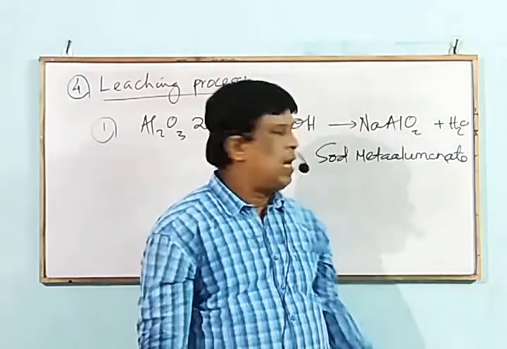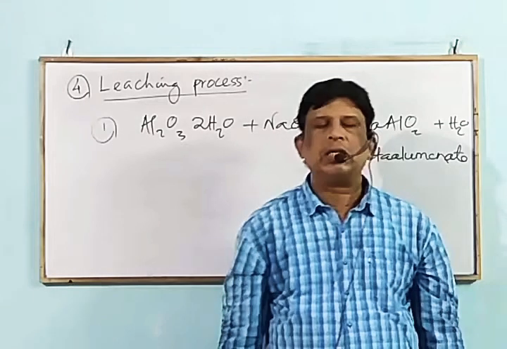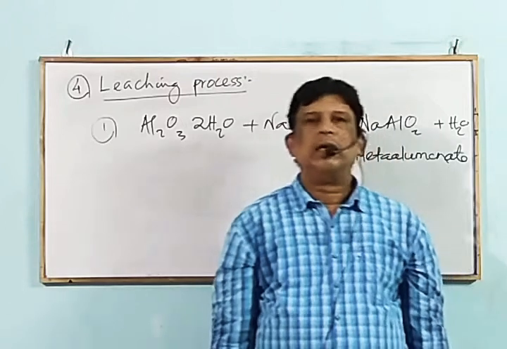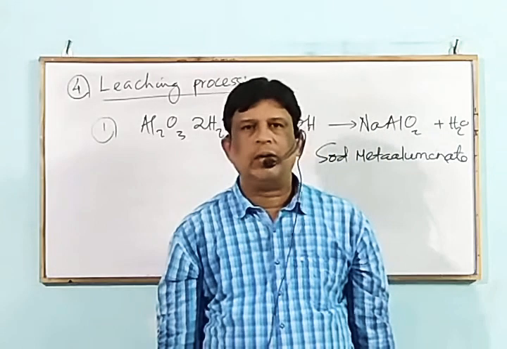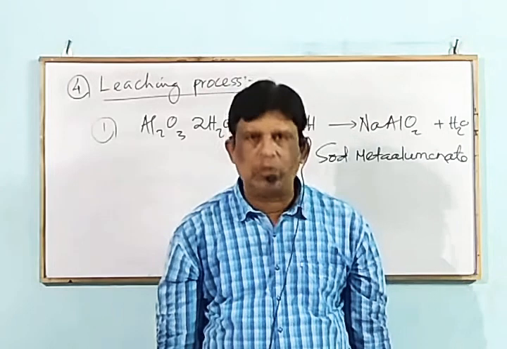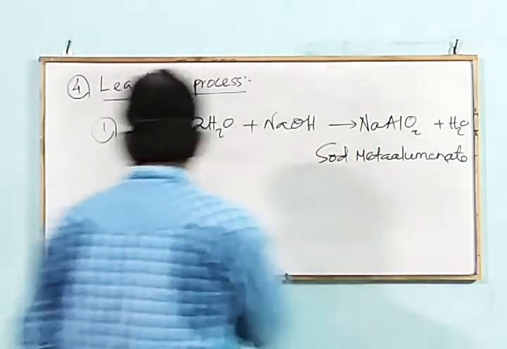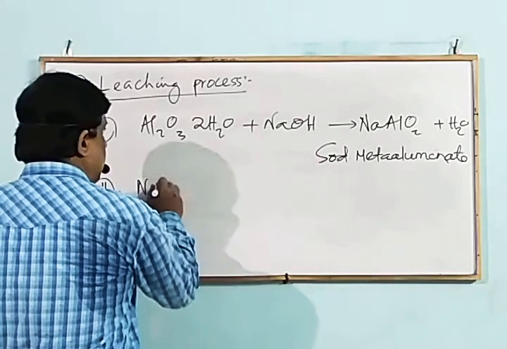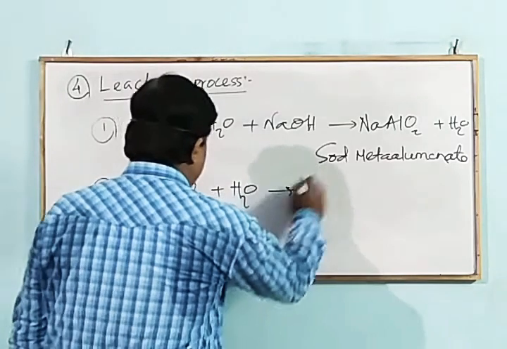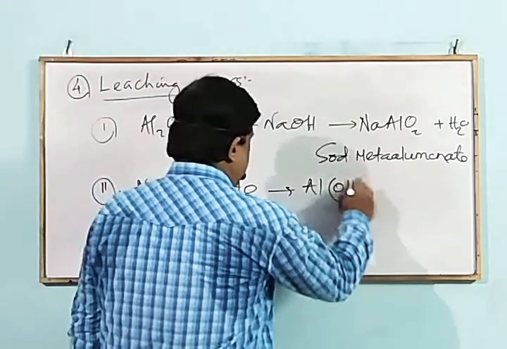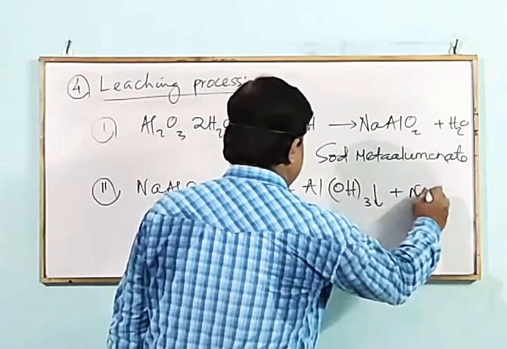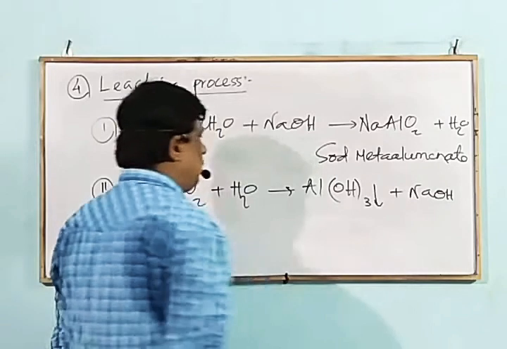This sodium metaaluminate is filtered, separated from the container, and then it is dissolved in water to form a precipitate of aluminium hydroxide. Step 2. NaAlO2, sodium metaaluminate, dissolves in water to form a precipitate of aluminium hydroxide plus sodium hydroxide.